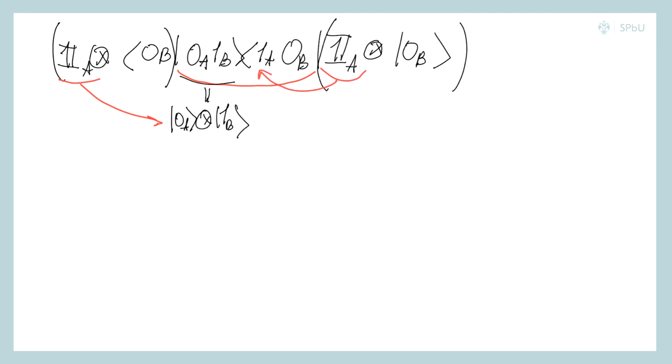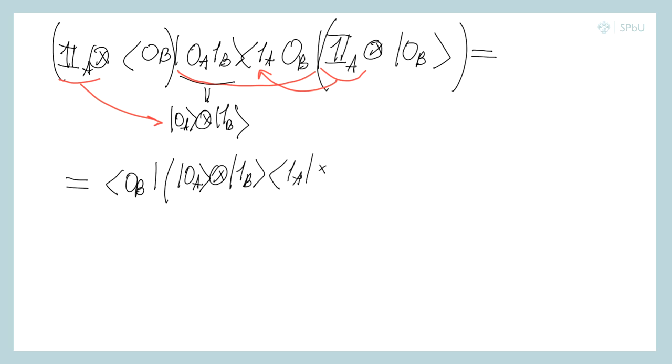It also wouldn't change anything. That's why the thing equals 0B, 0A multiplied by 1B, bra 1A, 0B. And again, 0B.